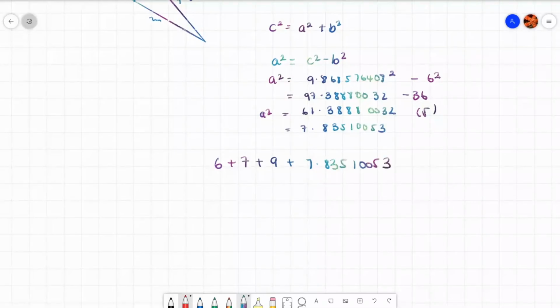You could probably round the bottom one now, but I'm just going to leave it in because it's already in my calculator. Plus 9 plus 7 plus 6, and I end up with 29.83510053. And now I'm going to round: 29.8 centimeters is my perimeter.